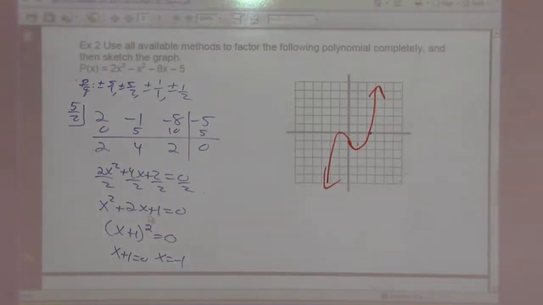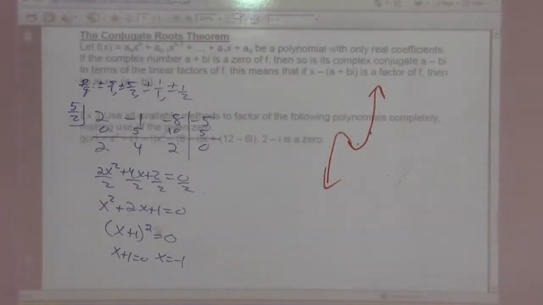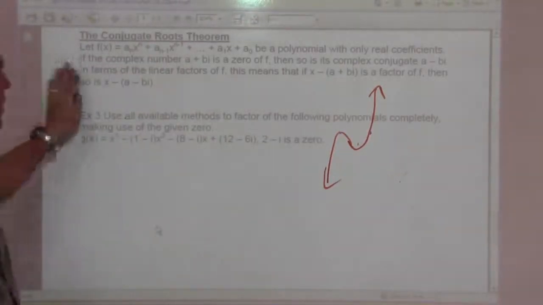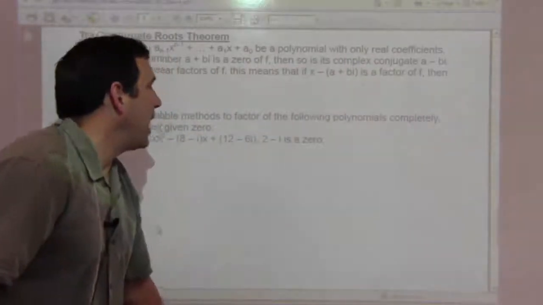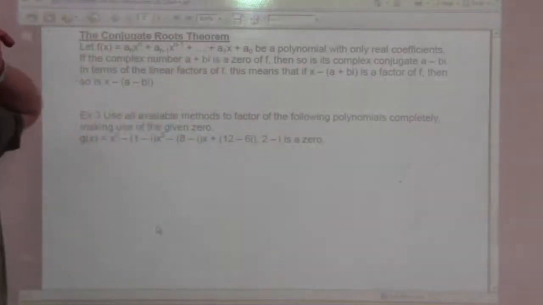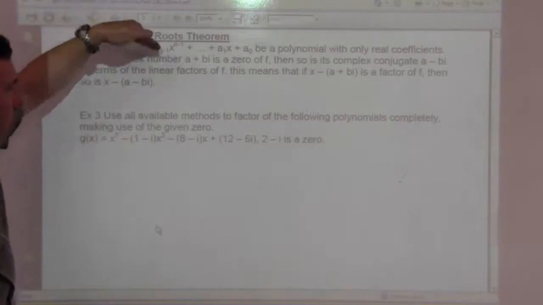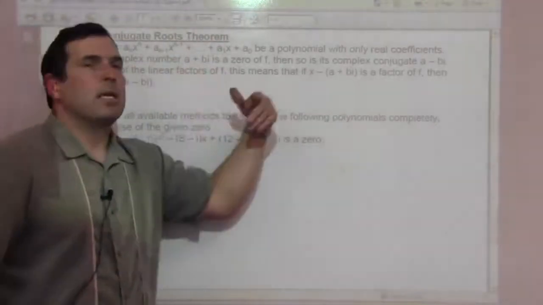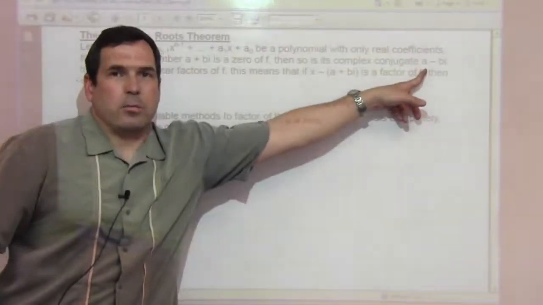Conjugate roots theorem. Scroll on to the next page. Let f of x be equal to this polynomial with only real coefficients. So the complex number a plus bi is a zero of f, and so is its complex conjugate. So the point is, if you have all real coefficients and one of the zeros is complex, that means its conjugate must also be there.